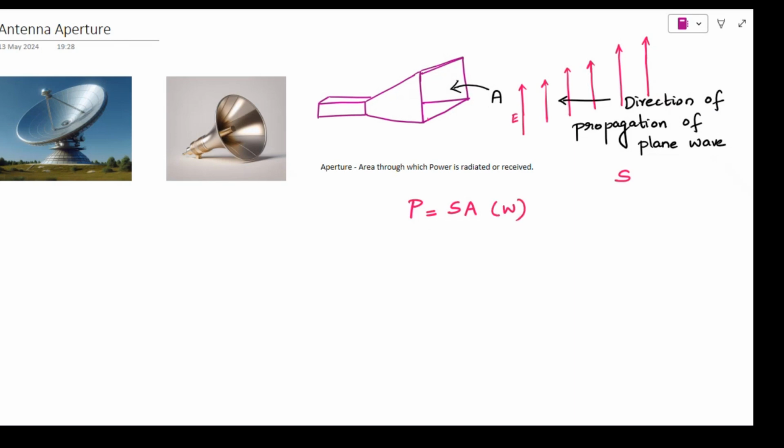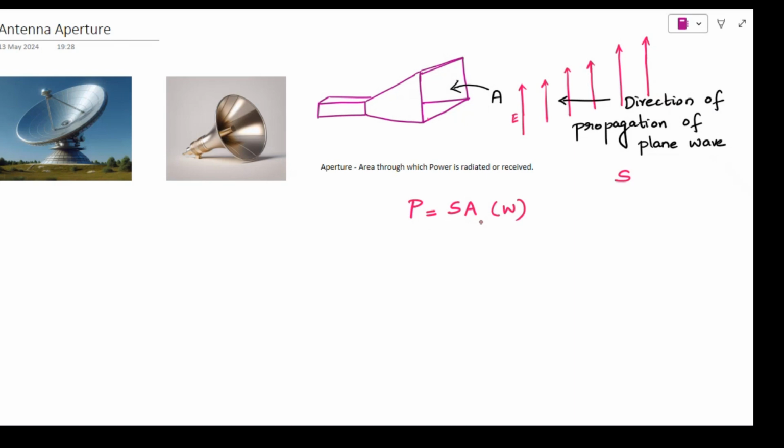The unit will be watts, and A is the aperture or the effective area, or you can call it the capture area, and S is the Poynting vector of the incident plane wave.